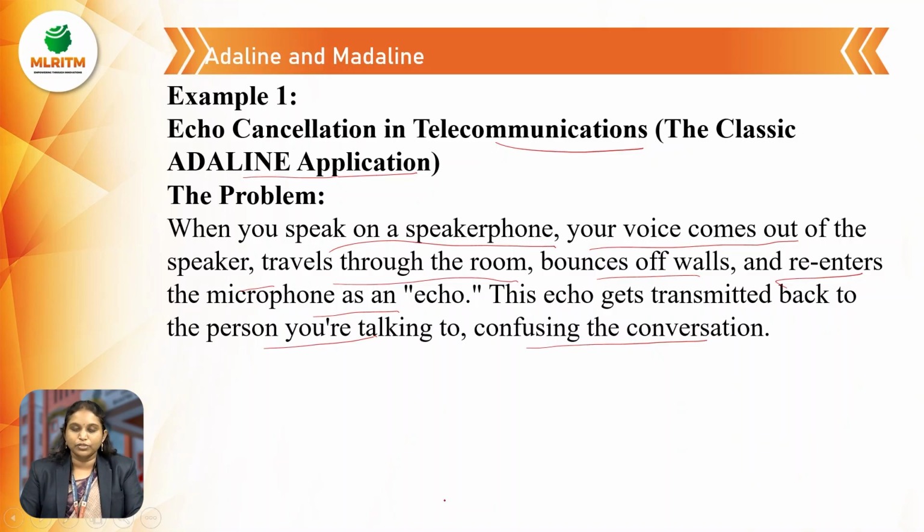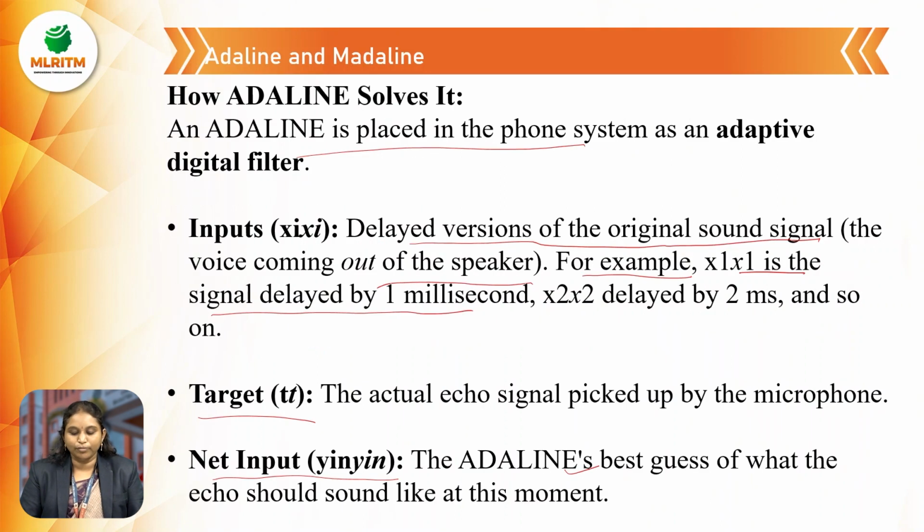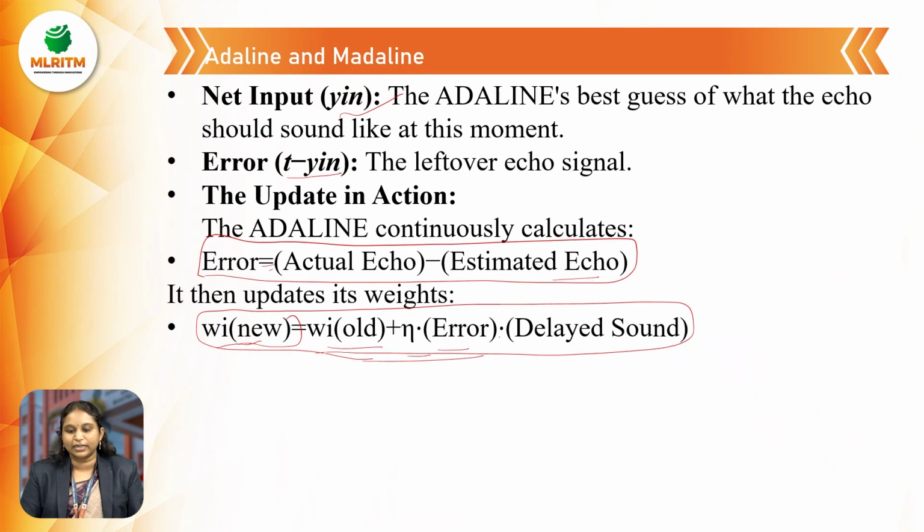When you speak on the speaker, the voice comes out of the speaker, travels throughout the room, bounces off walls, and re-enters the microphone. This is the echo. To cancel and minimize the echo, we took certain inputs and calculated how to minimize the error.